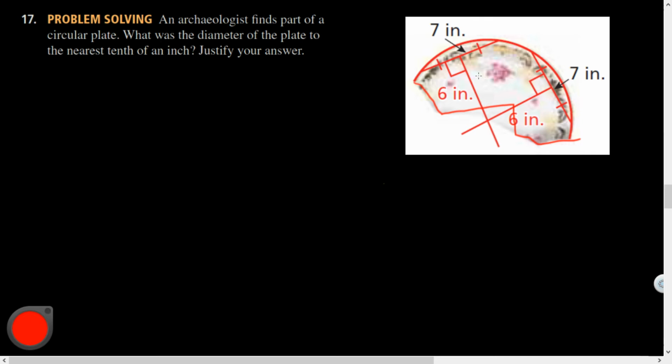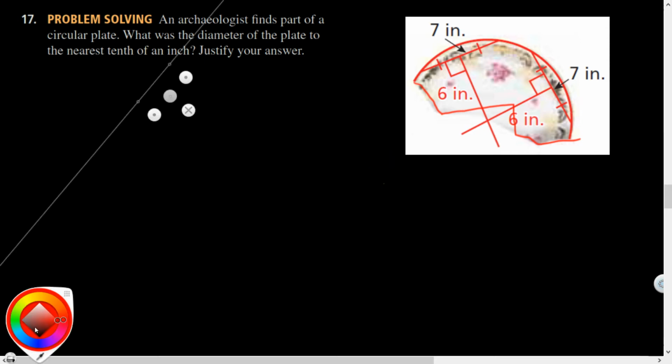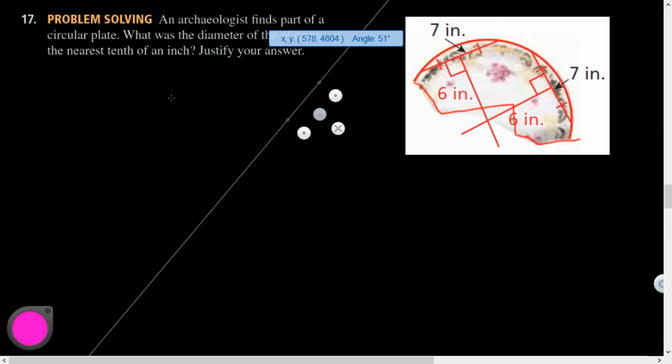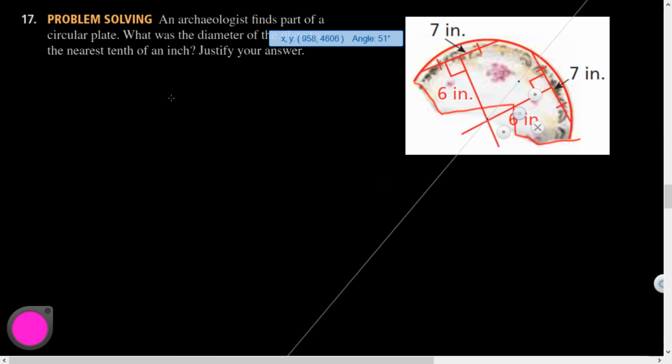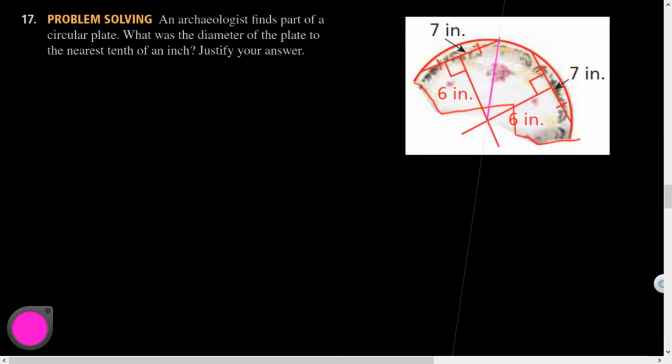So let's see, what can I find out here? What should I set up? They want the diameter of the plate. I think it's easier if I find this radius. Let's go to this edge right here first. That's hard to tell.